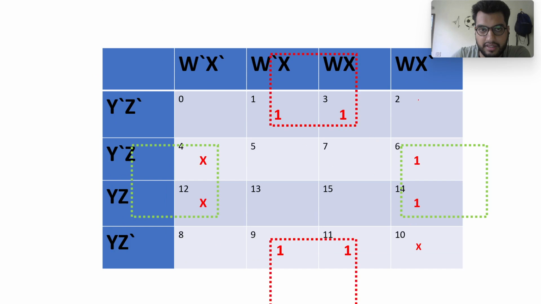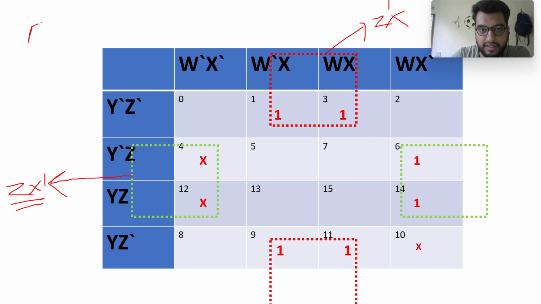It's pretty simple. The contribution from this quad is: z is not changing, so it's z, and x dash is not changing, so it's x dash z. And from this quad we have z dash is not changing, so it's z dash, and x is not changing, so it's x.